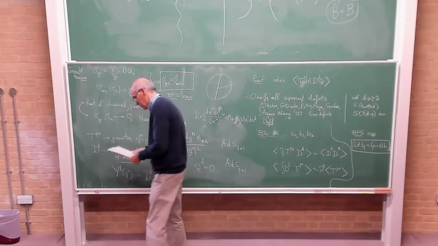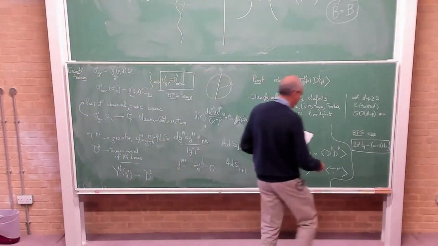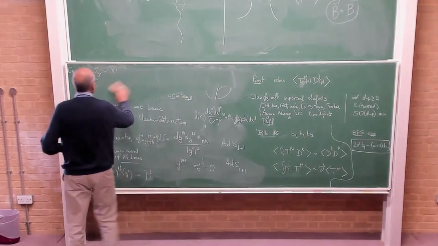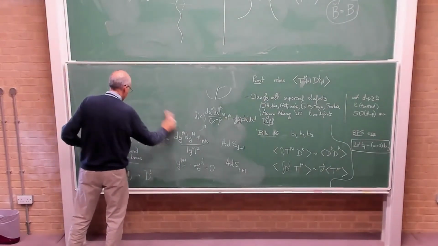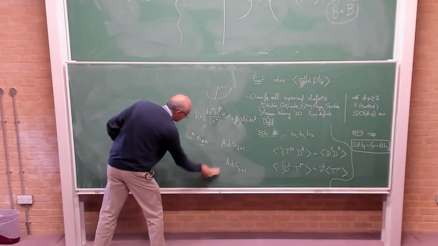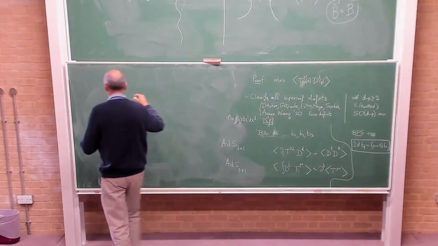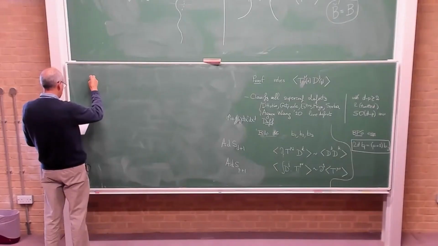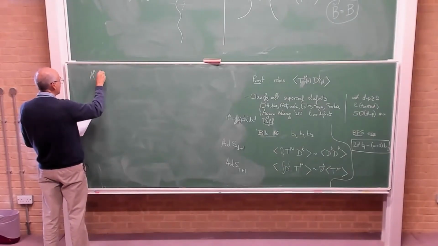Now here is the case which shows this very explicitly. So N equals 4 super Yang-Mills, N equals 2 Maxwell. That's the simplest one. It's all free and you can compute explicitly. Right. So in Maxwell, I have the gauge field and two scalars.